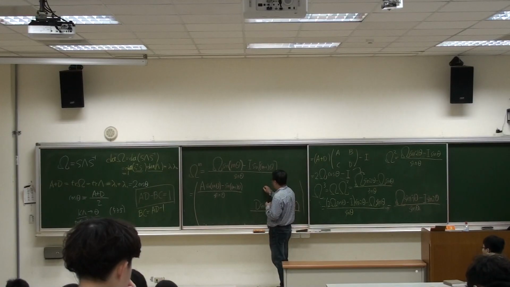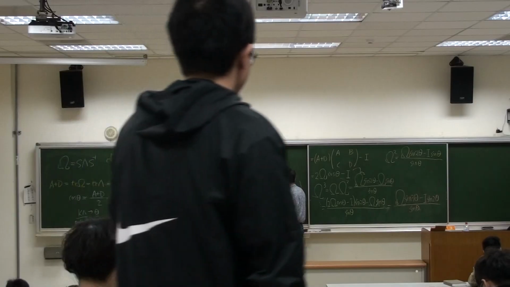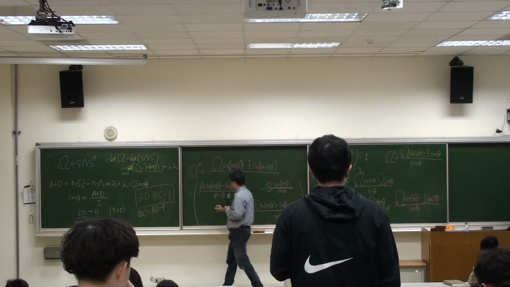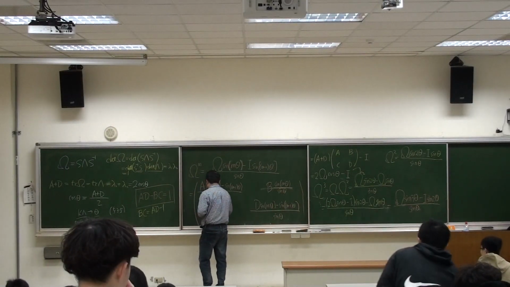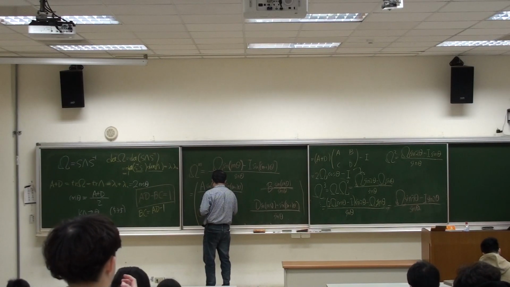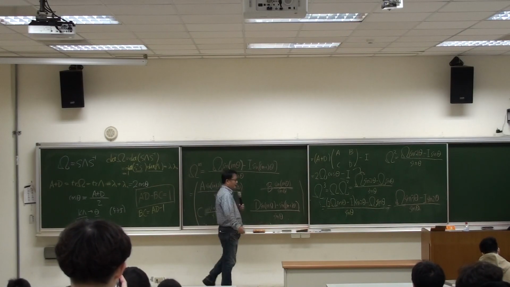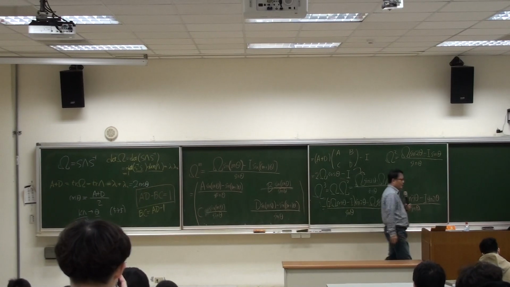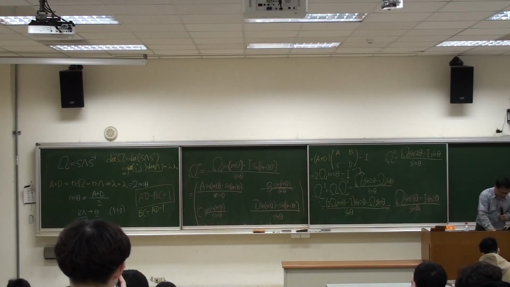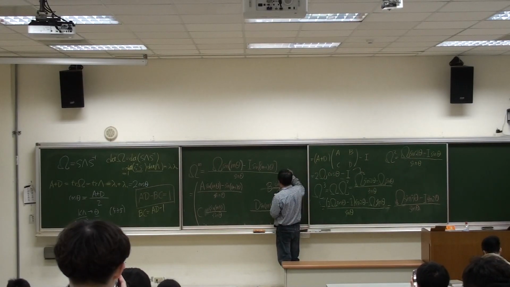And here we have B times sine n theta over sine theta. And C times sine n theta over sine theta. Okay? This is the formula appeared in the textbook, the equation 5.3-4.